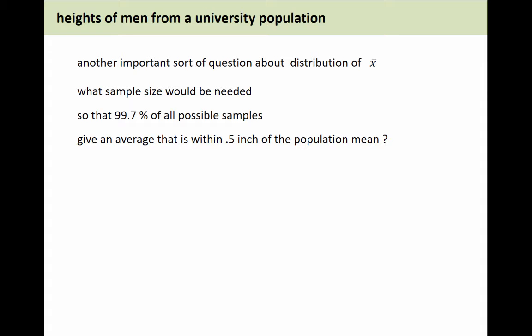What sample size would be needed so that 99.7% of all possible samples give an average that is within half an inch of the population mean?